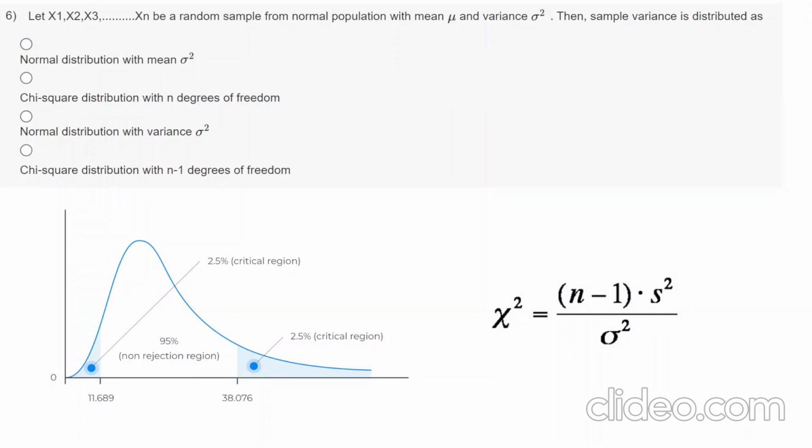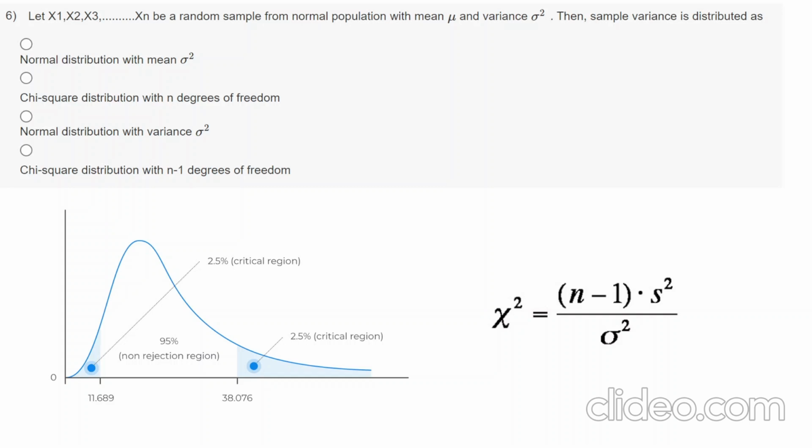Well, sixth question. Let x1, x2, x3 and so on up to xn be a random sample from a normal population with mean mu and variance sigma square. Then the sample variance is distributed as?